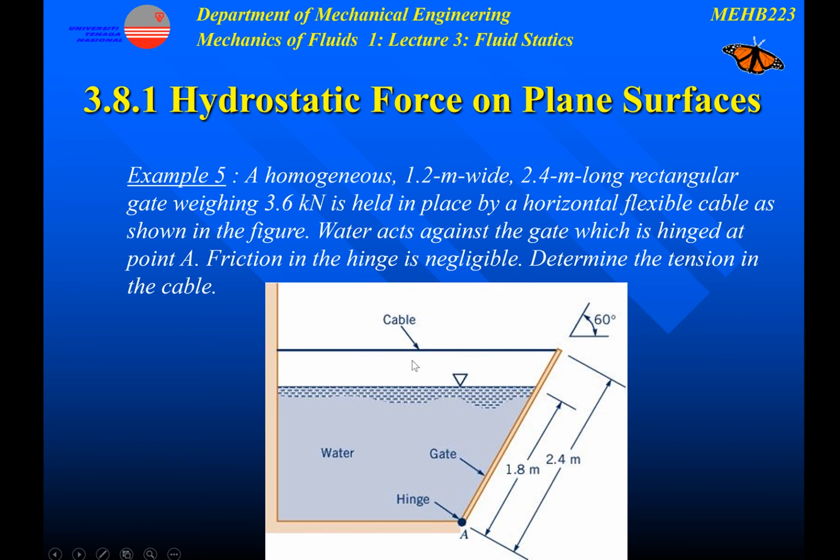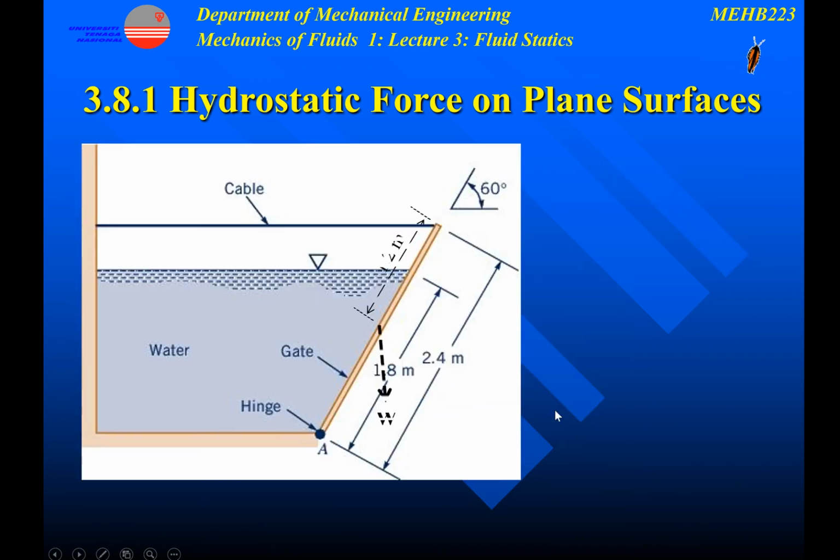Before that, you need to draw the free body diagram so that you know what forces act in this system. We have the weight going down, acting at the centroid of the whole length of the gate, which is 2.4 meters. Half of 2.4 meters is 1.2 meters.